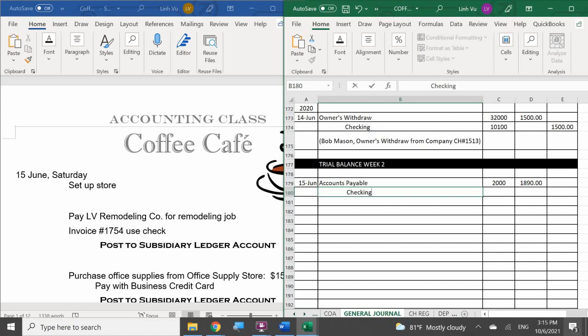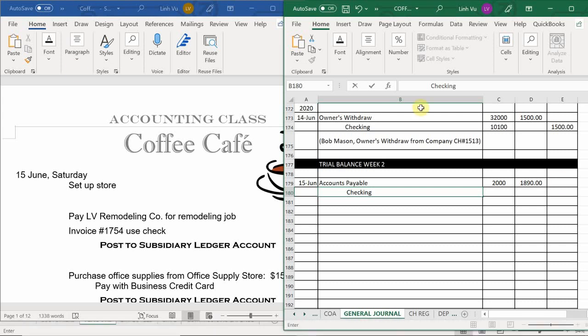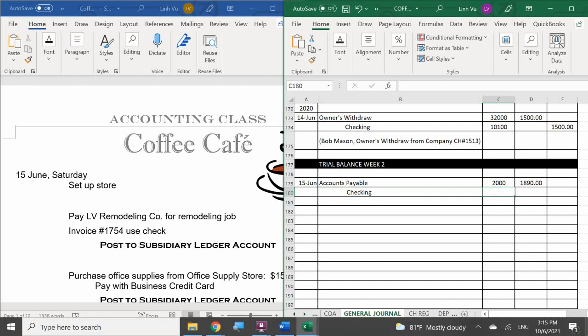The expense had already happened, but I said I would owe them. So now this journal is saying, I'm going to pay for what I owe. So checking, credit, 1890.